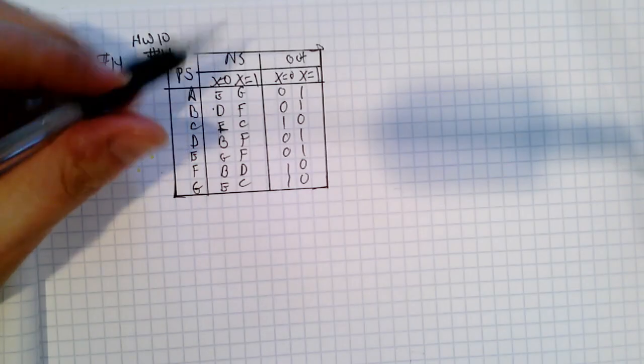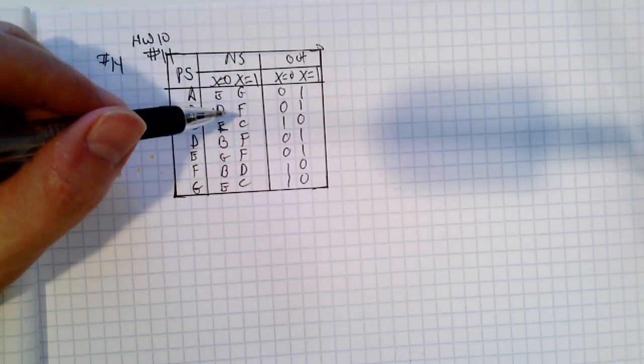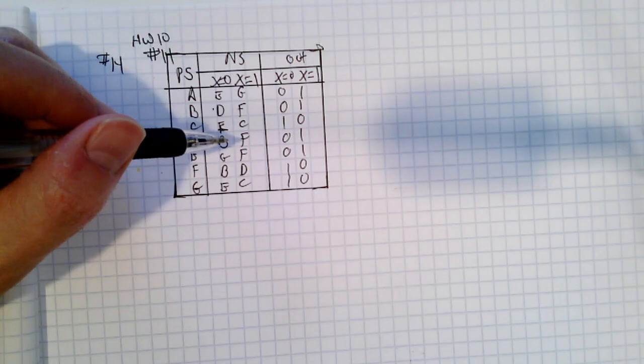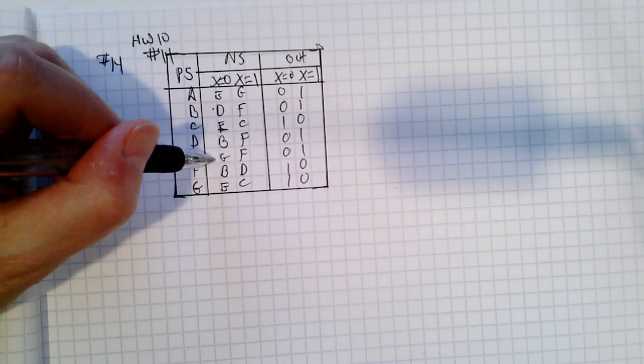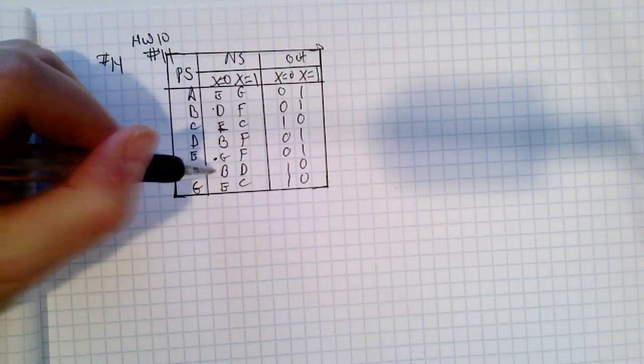Sorry about that. D, next state is going to be BF. Right? E, next state is going to be GF. That's right.